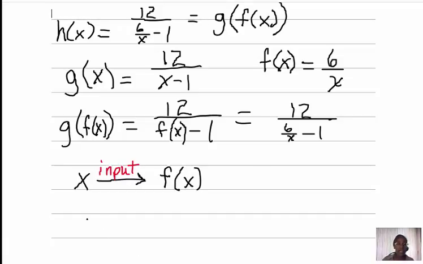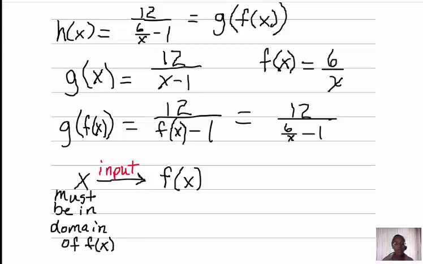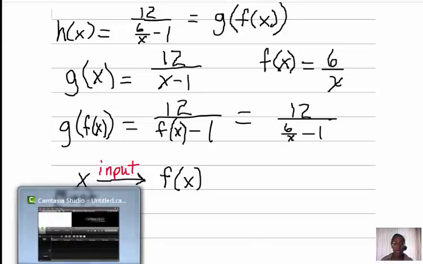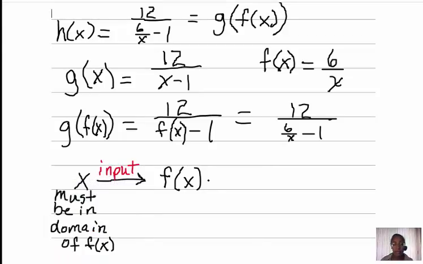So any x that I use, this basically implies that x must be in the domain of f of x. If I'm going to put x into f, it's got to be in the domain of f of x.